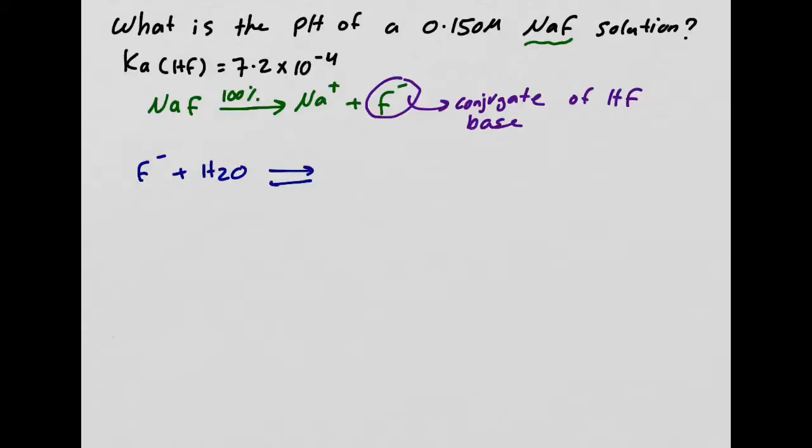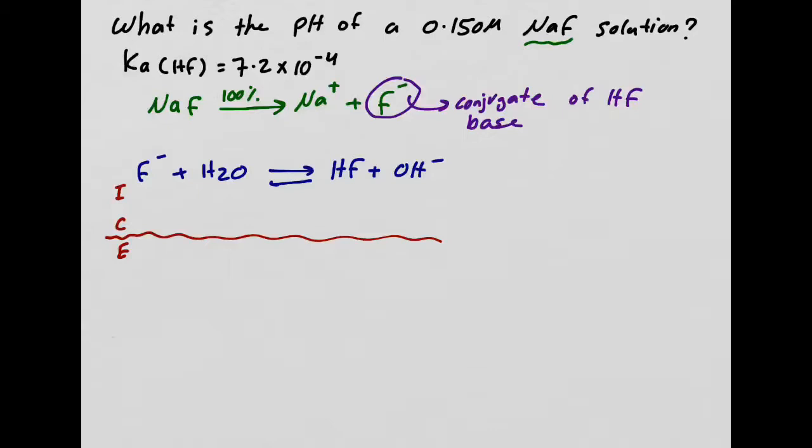The base is going to get a hydrogen, the acid is going to lose a hydrogen. Nothing has changed. Plus OH minus. So far so good. And every time we have an equilibrium equation, what do we have to do? Yes, ICE is back. The ICE table is back.